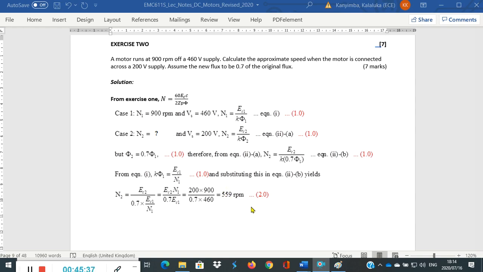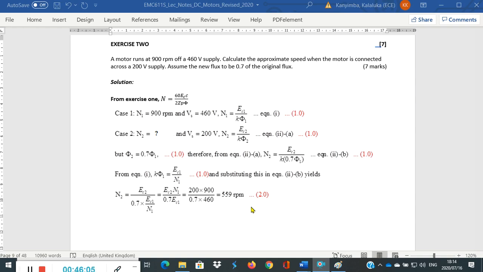So by changing the voltage, making it smaller, we have actually made the speed smaller. The change in the flux is not big enough to cause a big rise in the speed.